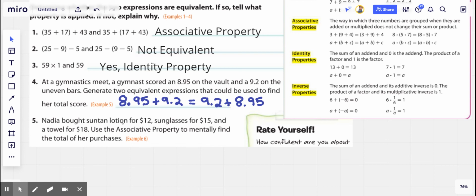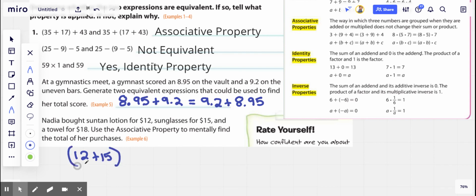All right, so it says to use the associative property to mentally find the total. I'm going to write this down, because it shows what our minds are supposed to process. So here we have 12 plus 15, and I'm going to put that in parentheses, plus 18, because her lotion was 12, sunglasses were 15, and towel was 18.